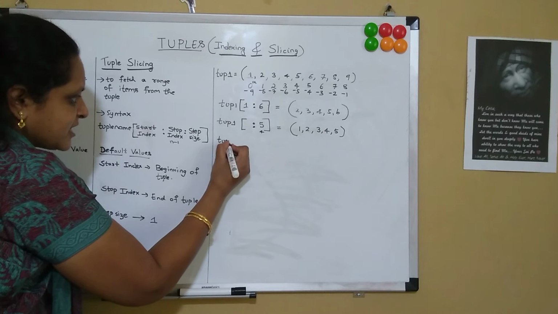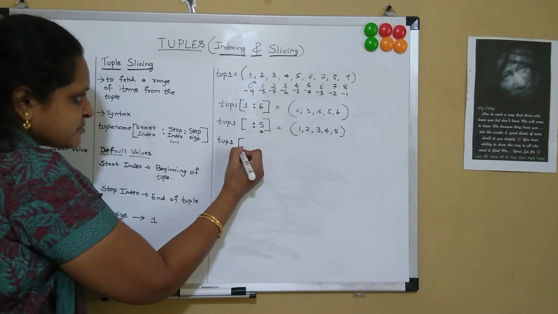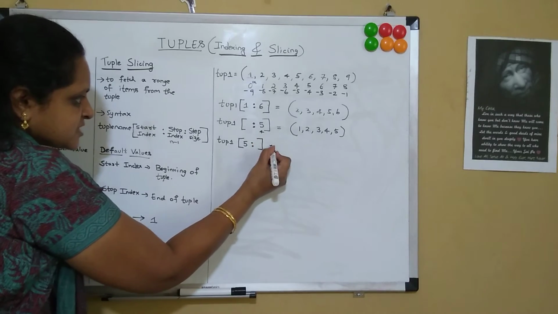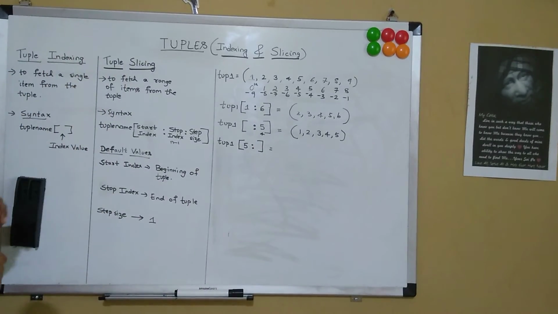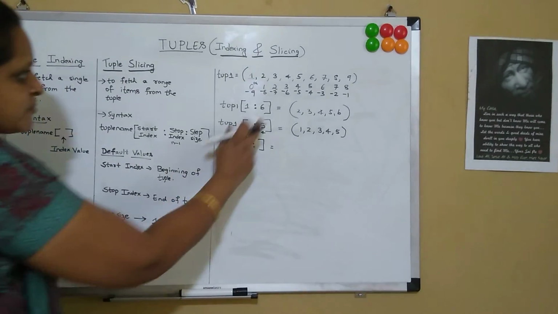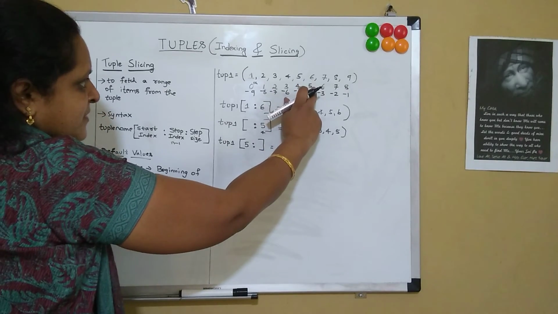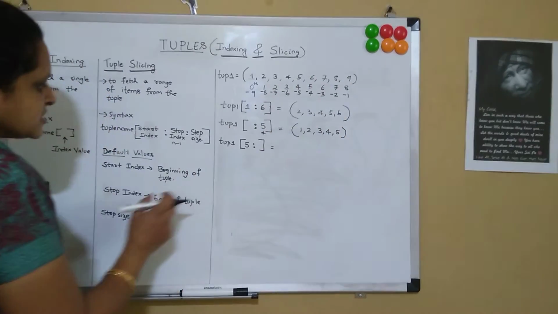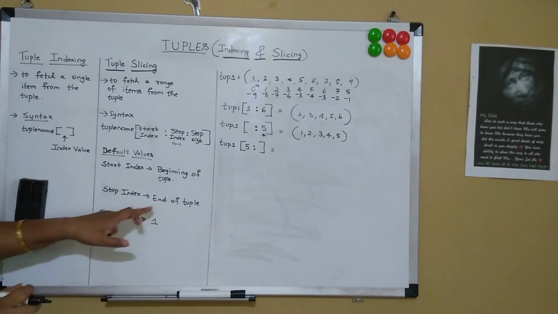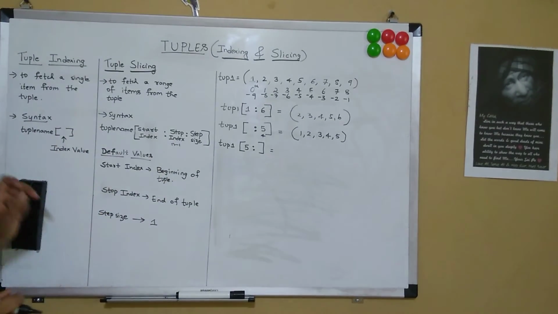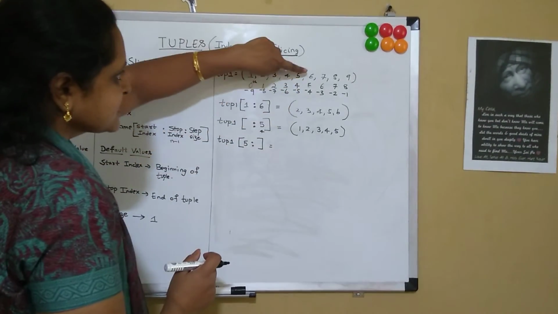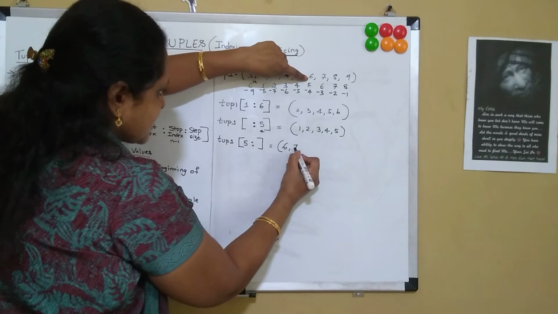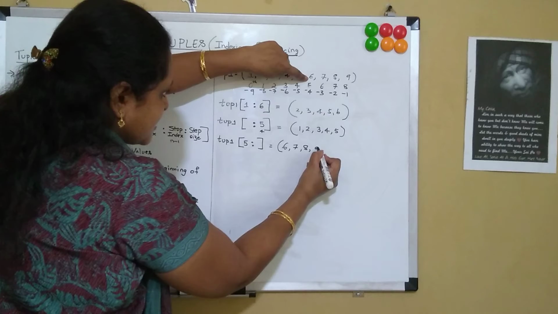And now if I take tuple 1, if I specify 5 as my start index and I don't specify anything in the end index, so from the 5th index, it will take till the end of the tuple, because if we don't specify any stop index, it will go till the end of the tuple. So 5th index is 6. So it will print 6, 7, 8 and then 9.